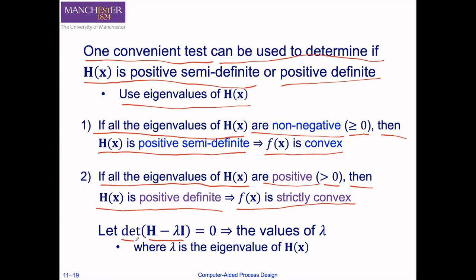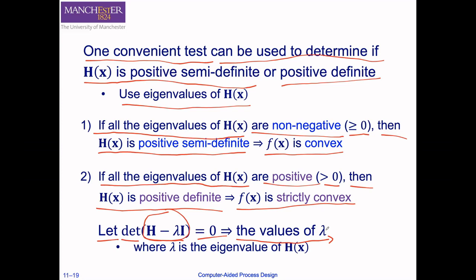Then we calculate the determinant of this matrix and let the determinant be equal to 0. Then we can get the value of lambda. Based on this, we can determine the eigenvalues of the Hessian matrix.